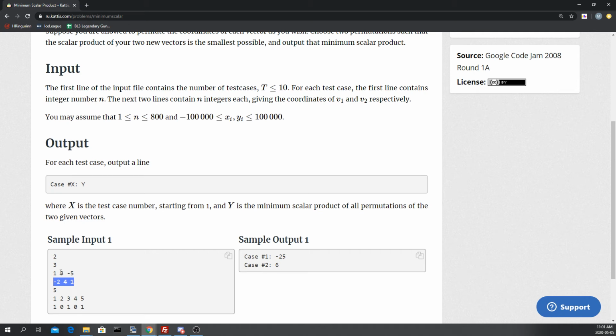And the sample claims the output is -25. So let's see.